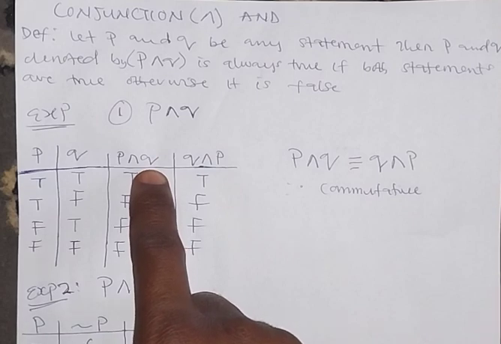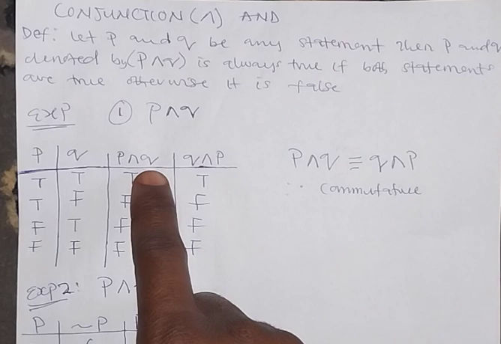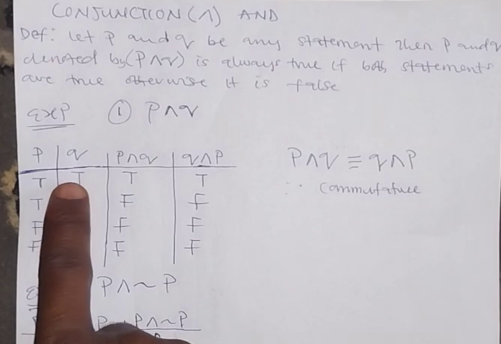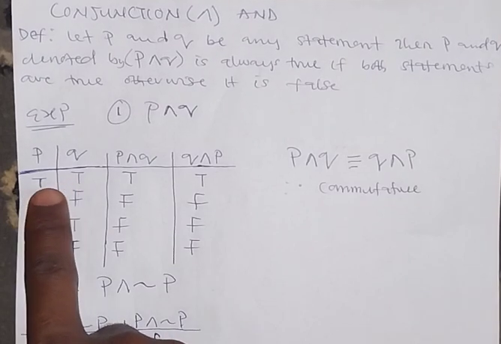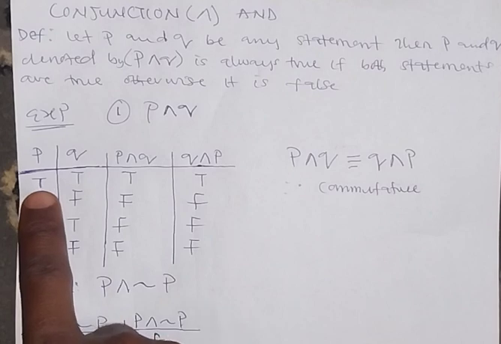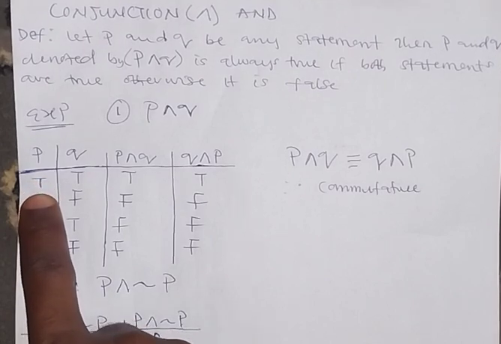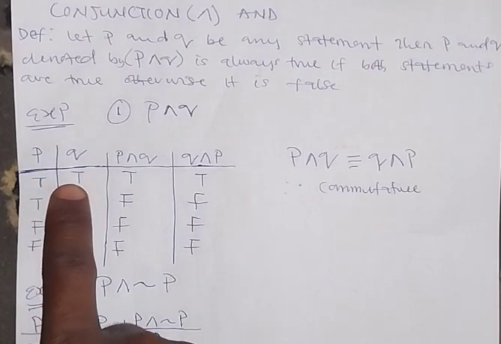Now, in order to look for our P and Q, remember from our definition that P and Q is always true if P and Q are true. Otherwise, it is false. So now we go back to P and Q and check if both statements are true. Under the first line, P is true and Q is true.